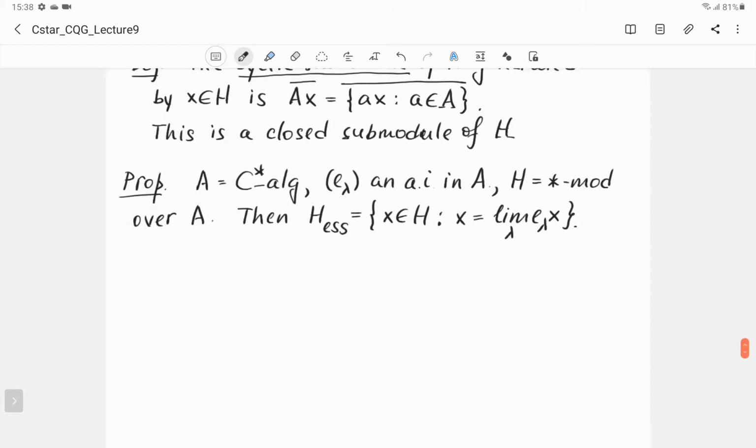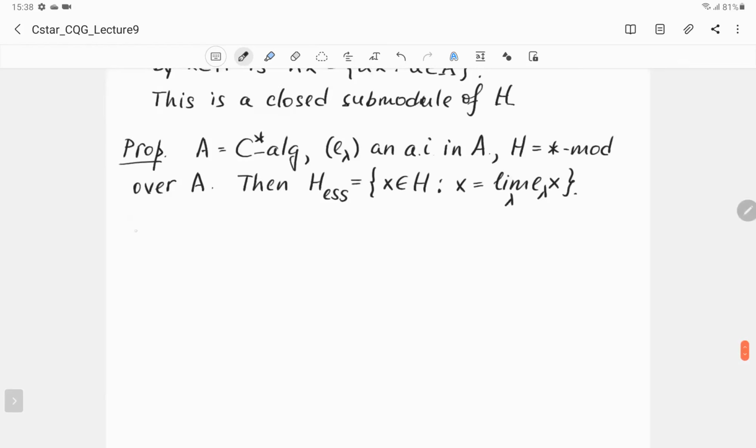To prove this result, we need a simple but useful lemma, which is fairly standard, a lemma from functional analysis.